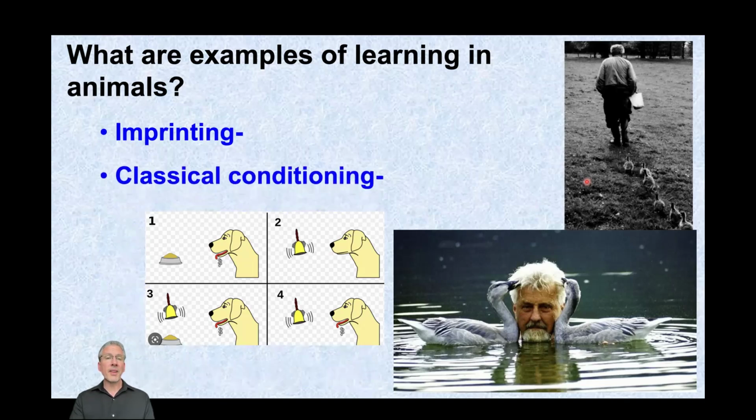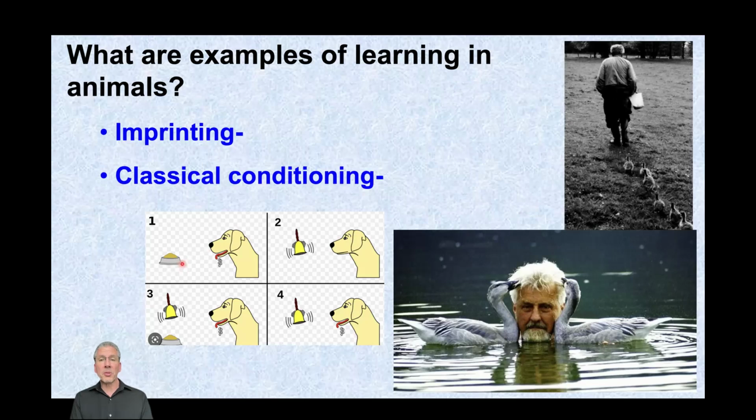There's also this idea of classical conditioning. You might have heard of Pavlov's dogs, a common example illustrating classical conditioning. Essentially what we're talking about here is animals that can associate some cue, perhaps ringing a bell, with some other activity, perhaps being fed. So this is an example of associative learning.